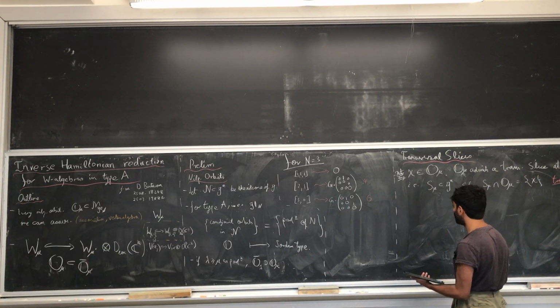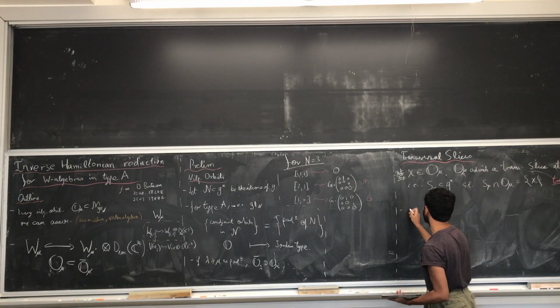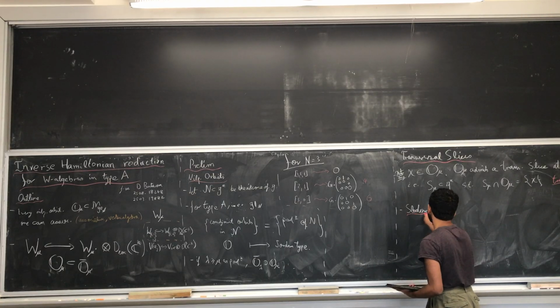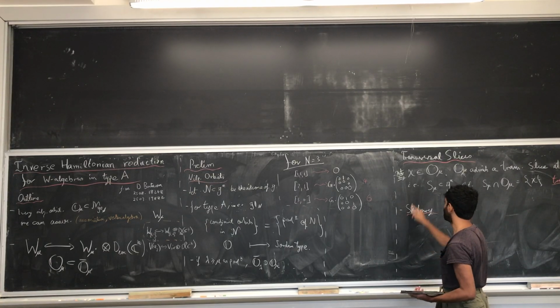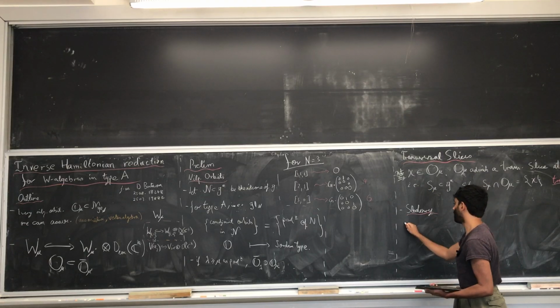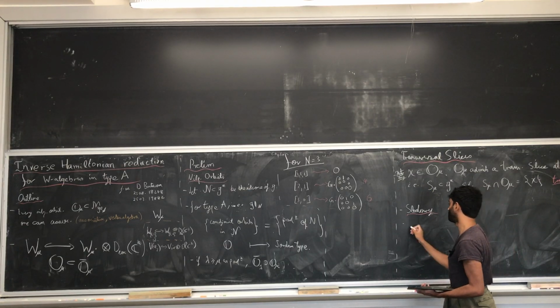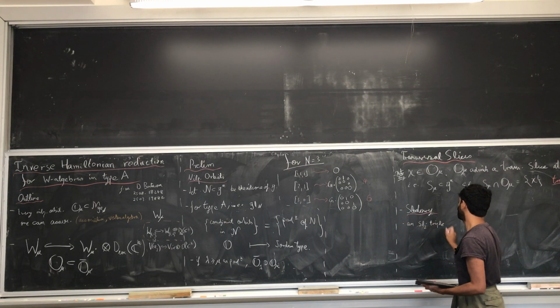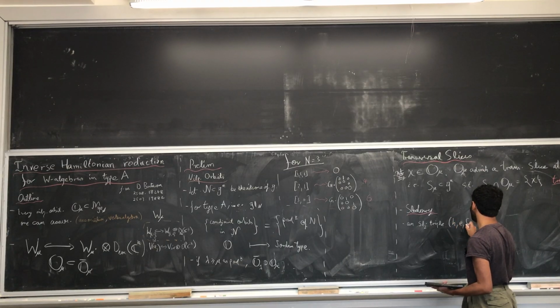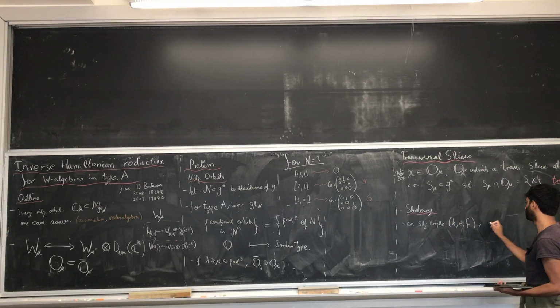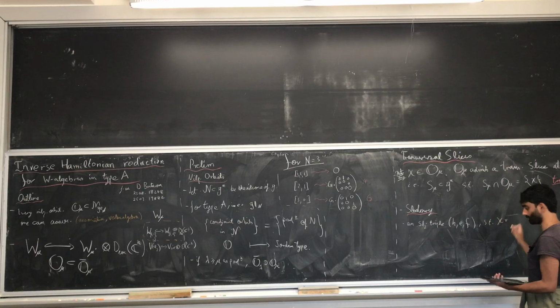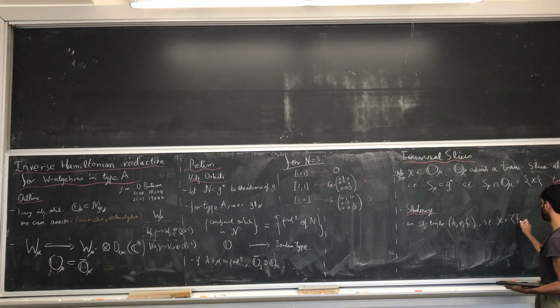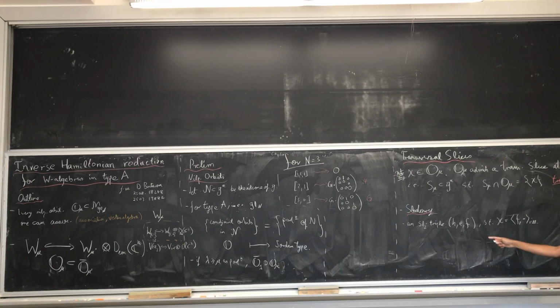But there's a nice way of doing it, which is a construction of Slodowy. So if I'm given such a chi, then I can always associate an SL2 triple H, E, and F such that my element chi is equal to pairing using the Killing form with F. So I can always pick an H and an E such that this is true.